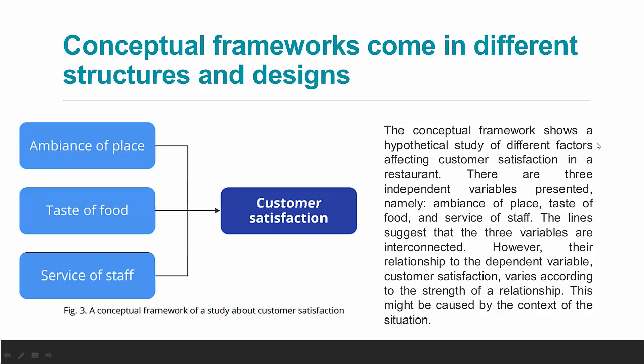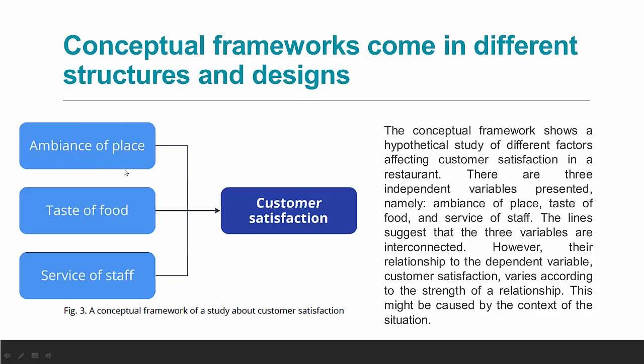However, the relationship to the dependent variable, customer satisfaction, varies according to the strength of the relationship. This might be caused by the context of the situation. It depends upon the relationship of the three; it varies.